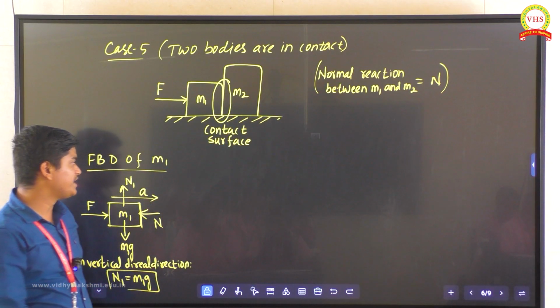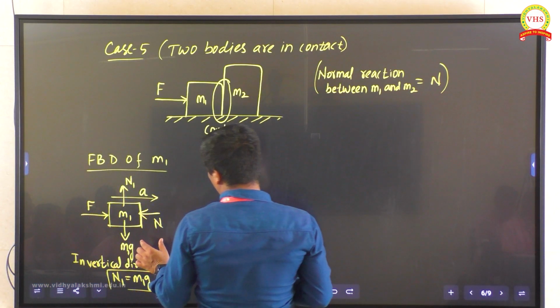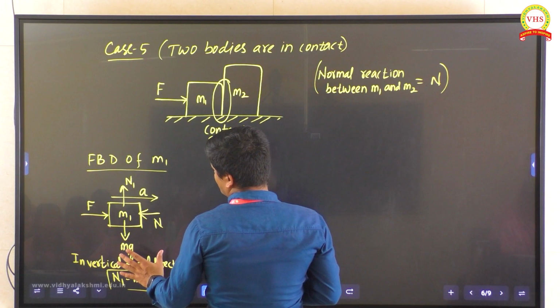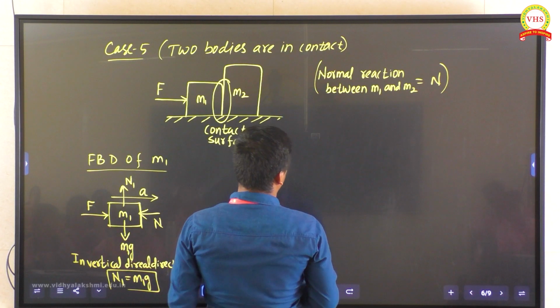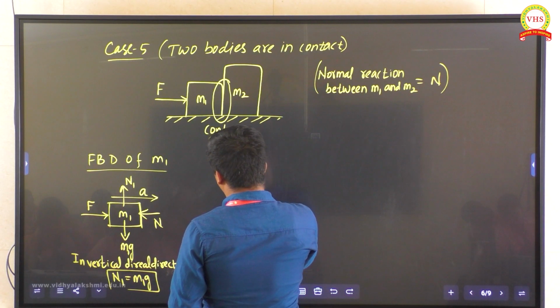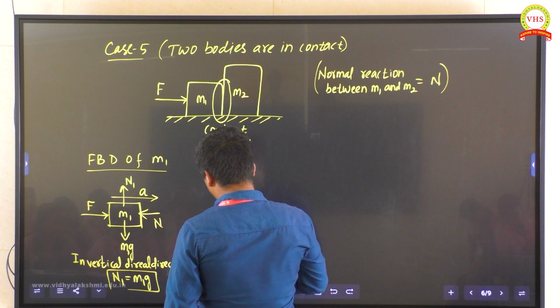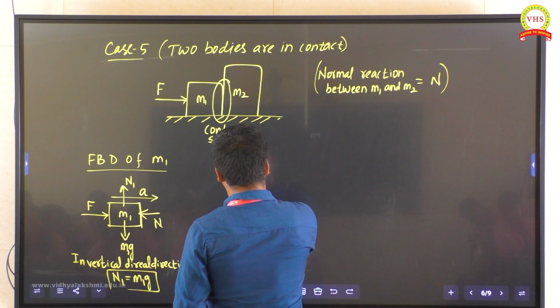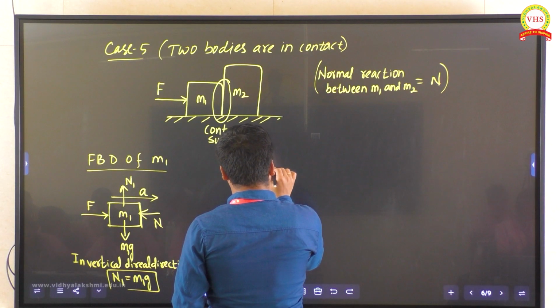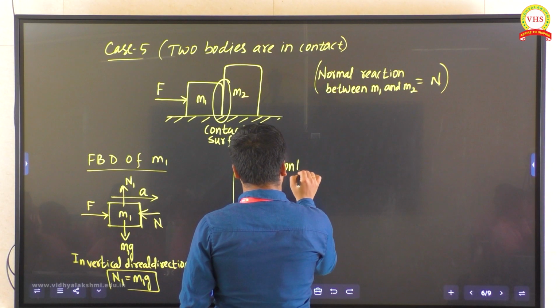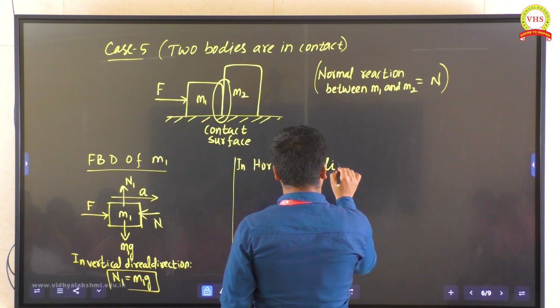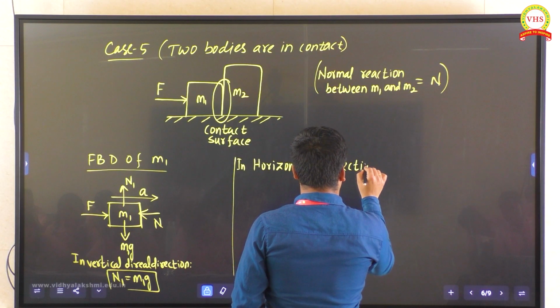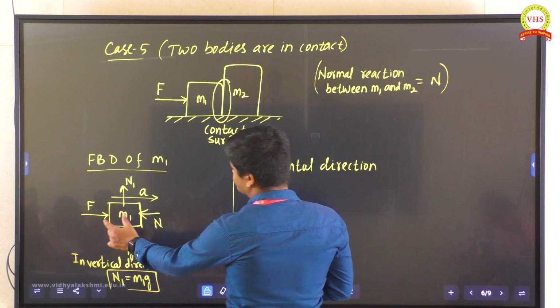Now in the vertical direction I got this equation. If I want to find it in the horizontal direction, what is your equation?